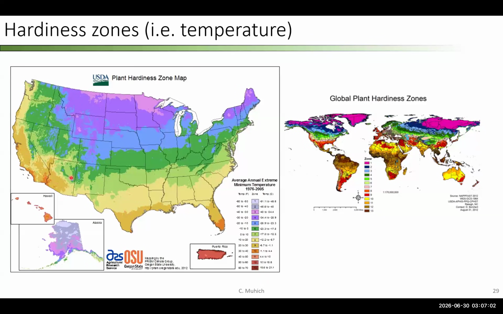And so you can see down here in Arizona where we are, we have temperatures which are very hot. And so you need plants that can withstand that. And this exists not just for the US, but various systems exist around the world. And you can get very detailed hardiness zone maps.